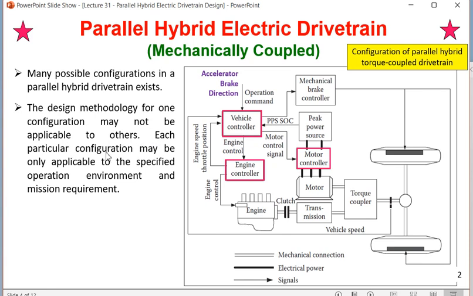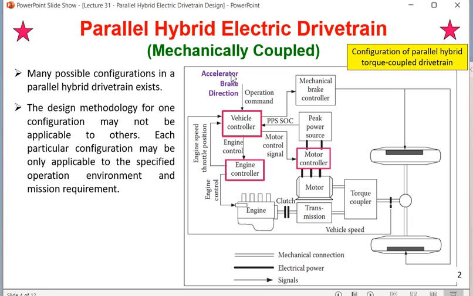Each particular configuration may be applicable only for a specified operation, environment and mission requirement. But as we are new to this field, and not directly from mechanical engineering, we can see this diagram as a parallel hybrid electric drivetrain basic schematic, which is mechanically coupled, and the coupling is torque coupling as it is given here.